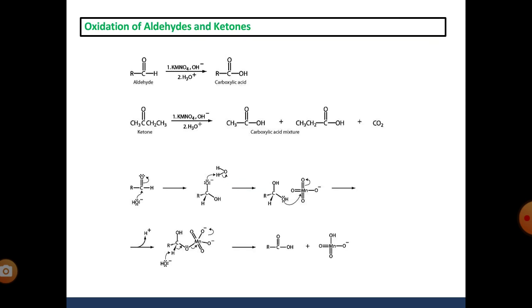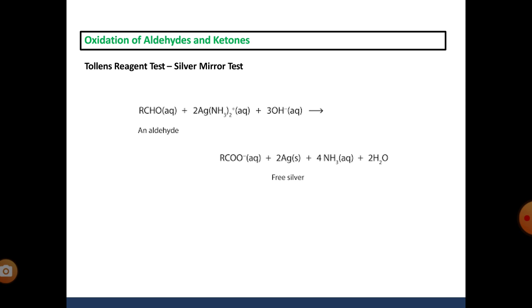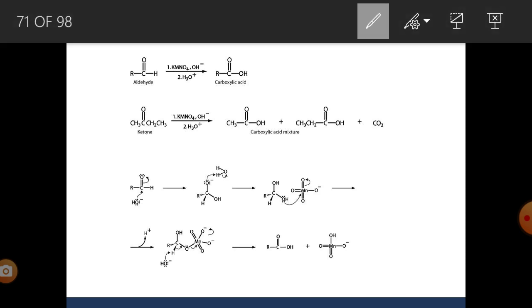Aldehyde can be converted into acid with the help of KMnO4 in alkaline media, that is potassium permanganate in alkaline media. Here you can see ketone can be converted into a carboxylic acid mixture with the help of KMnO4 in alkaline media. The mechanism is again simple.